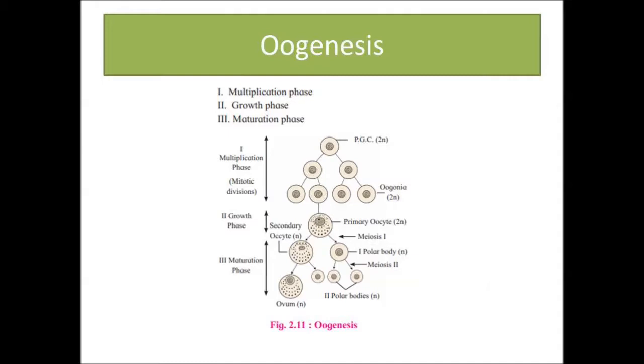Normally, the first polar body does not enter meiosis second. The secondary oocyte, which is haploid in number, proceeds with meiosis second only up to metaphase second. Its division is then arrested at this stage.